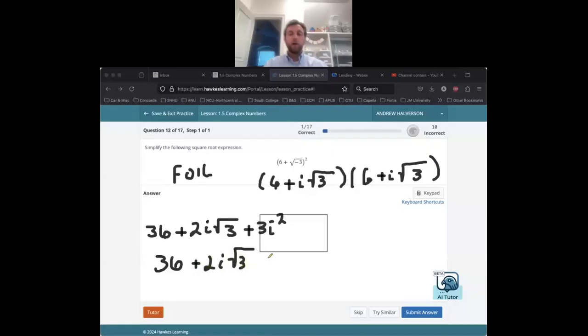And then 3i squared becomes 3 times negative 1, which is negative 3. And then you combine the like terms, negative 3 plus 36. That's going to give us 33 plus 2i square root of 3.